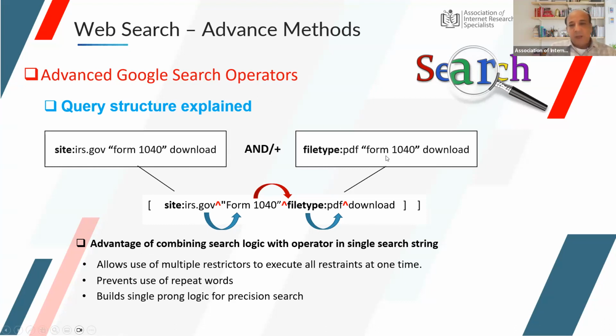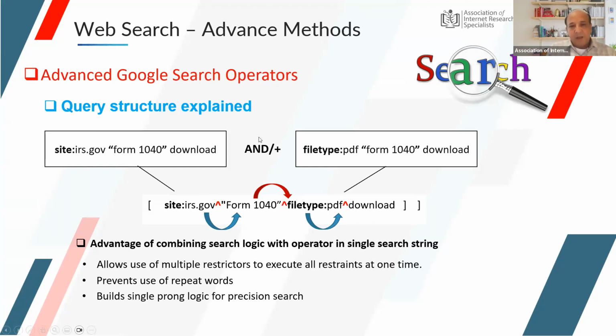If this was one query and the other query was file type, as you can see, restricting the same search, not particularly from irs.gov, but the only restrictor is the format of the type of file. So if these two need to be merged together, where I want site to be one restrictor and file type to be another, and I want both of these to be put together as a single operation, I could probably write it like this, right? Something that you're familiar with already.